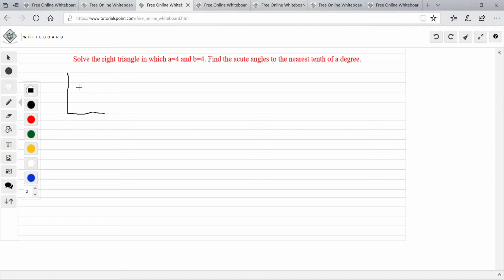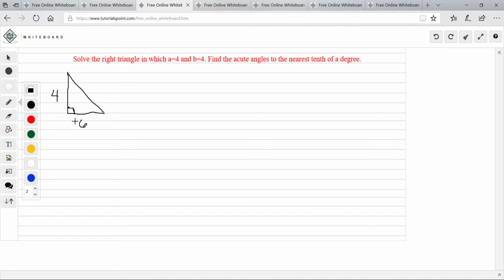So it's a right triangle. You could also draw it the other way, but I like it this way better. So we know that A equals 4 and B equals 6. You can also flip it, it doesn't really matter because we're going to use the Pythagorean theorem anyway.